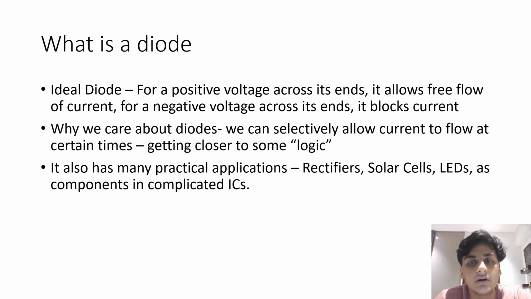It also has many practical applications, like rectifiers, solar cells, and LEDs. In many complicated integrated circuits, the diode is used for specific functions. You can look into all of these if you're interested. You can just Google search them or find them on Wikipedia or ChatGPT.